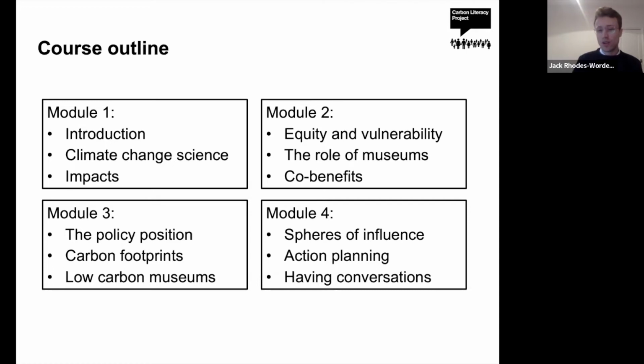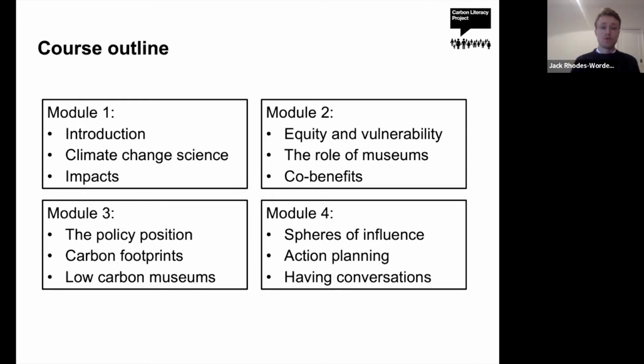And staff will also look at the co-benefits of taking climate action for museums. So how can other museum priorities, other than carbon reduction, be achieved through taking climate action? So that might be on finances, it might be partnerships, it might be on audiences.